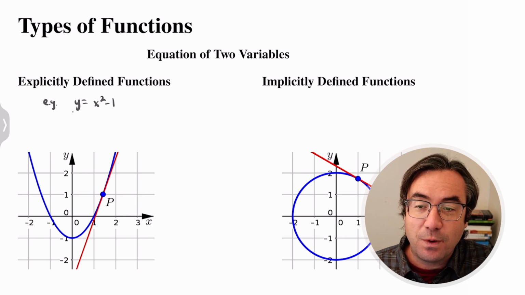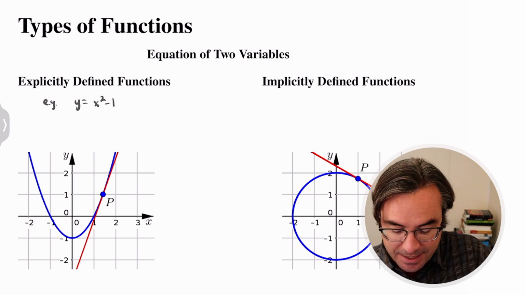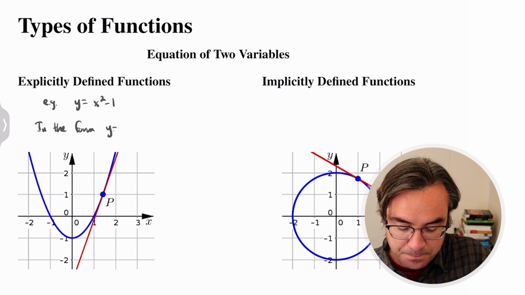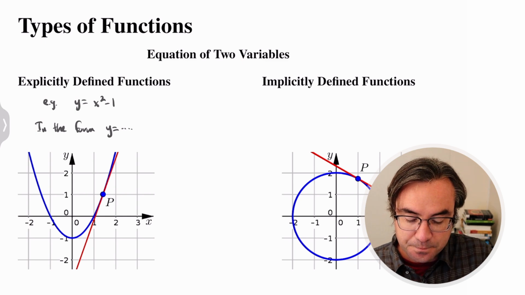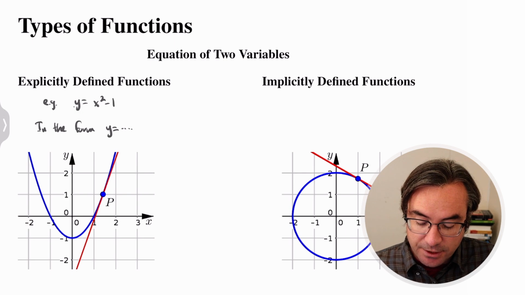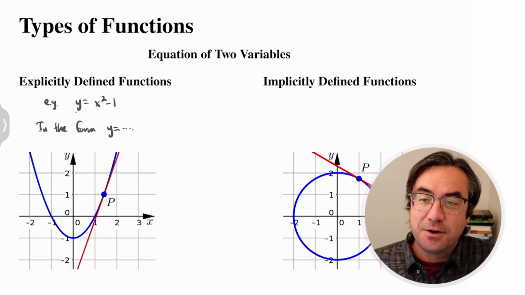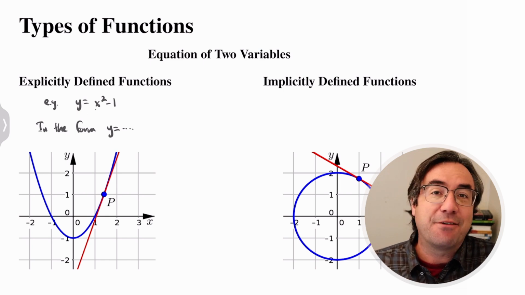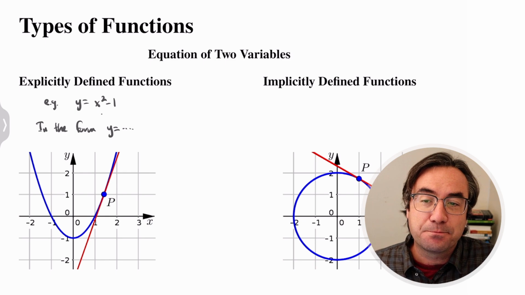So we have a formula, y is equal to this. So it's in the form y equals. All right, so that's what makes it explicit. We're literally explicitly telling what y is equal to. And this is everything we've looked at in the course so far.